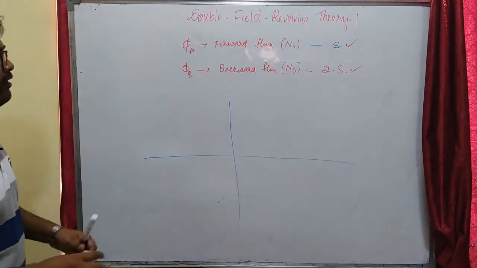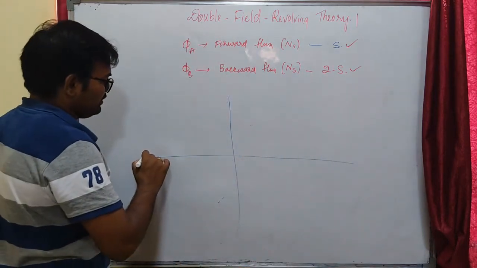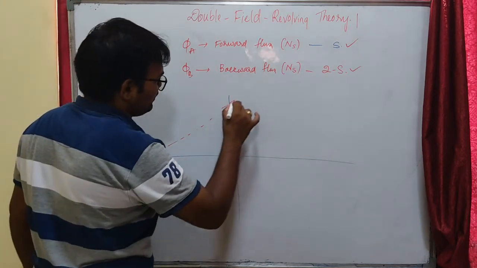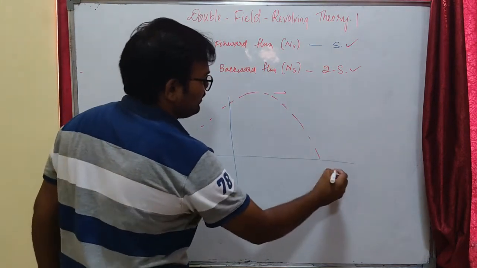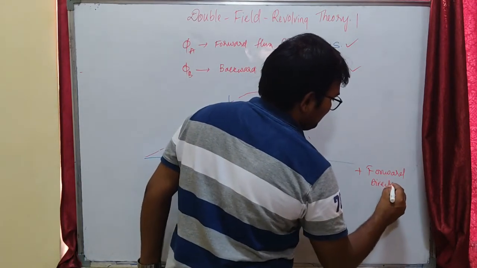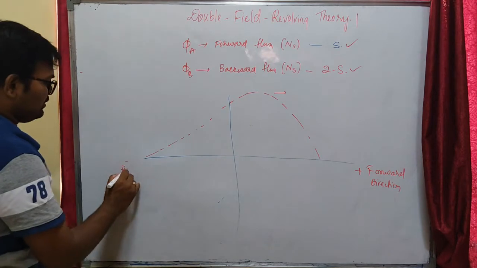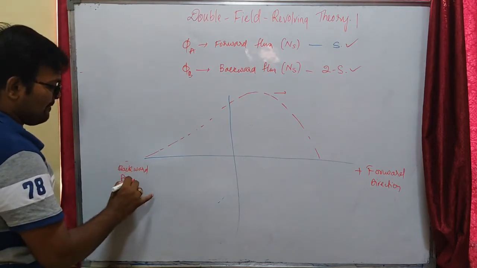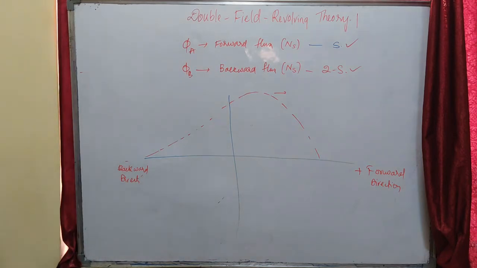We have one forward torque due to this. Let us consider this is the forward direction, and this is the reverse or backward direction.